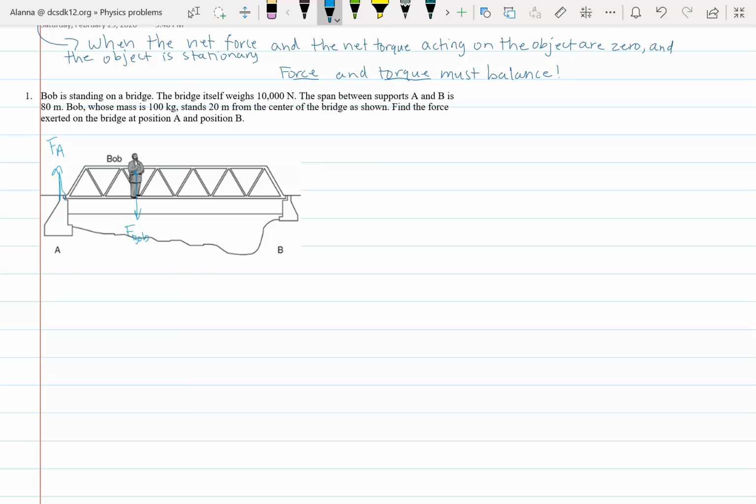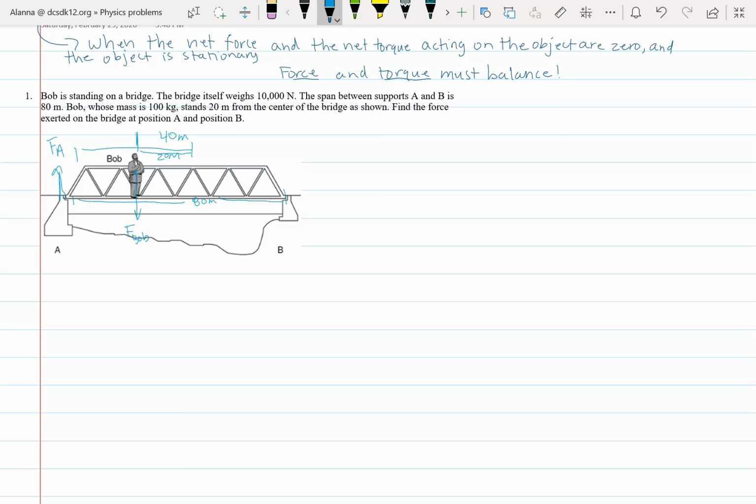And we also know that Bob is 20 meters from the center of the bridge. So the center of the bridge is 40 meters. So Bob is this 20 meters. And we know that the entire bridge is 80 meters.